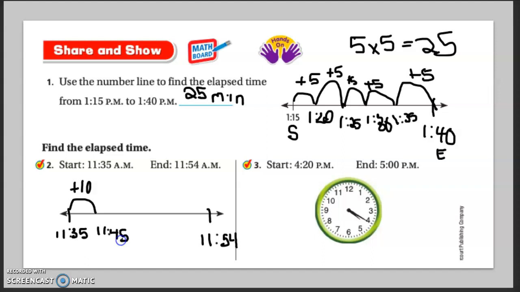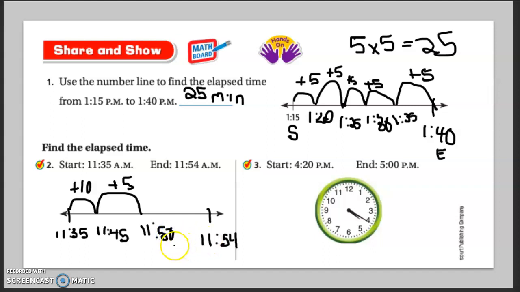Now here, okay, if I add another 10 minutes, my minutes is going to go past my end time. So I'm going to have to add by 5s. So I'm going to add a group of 5. And if I add 5 to 45, my new time is going to be 11:50.